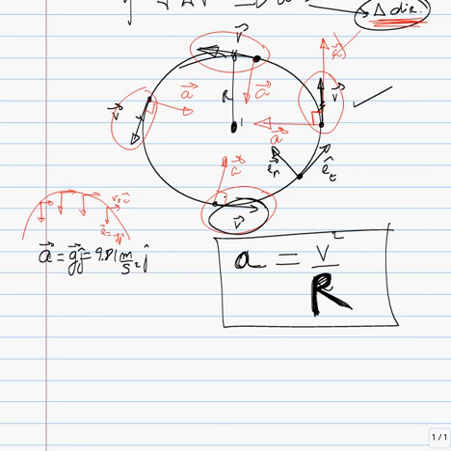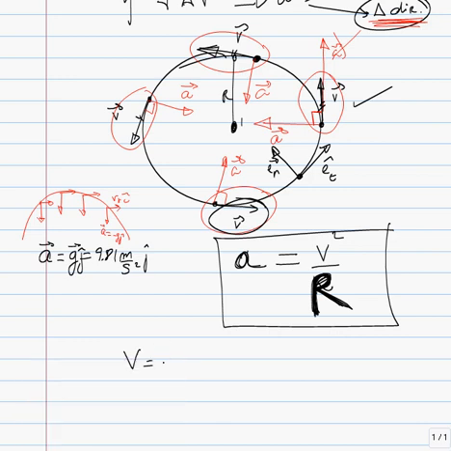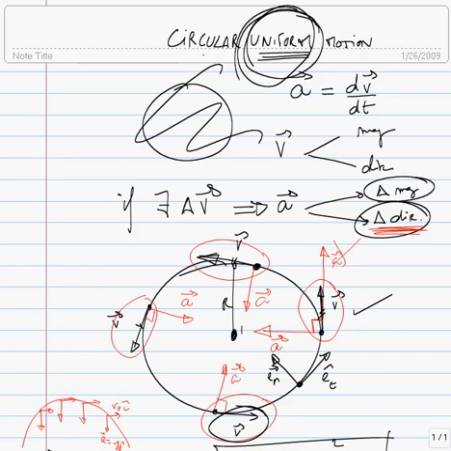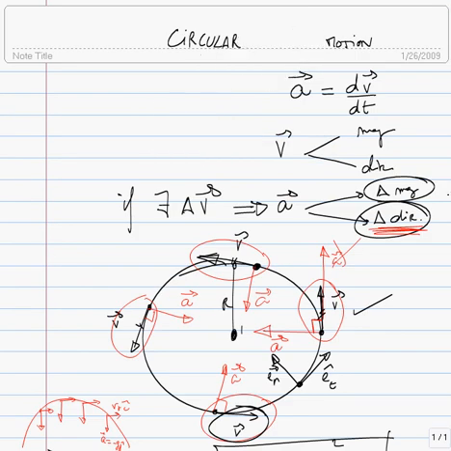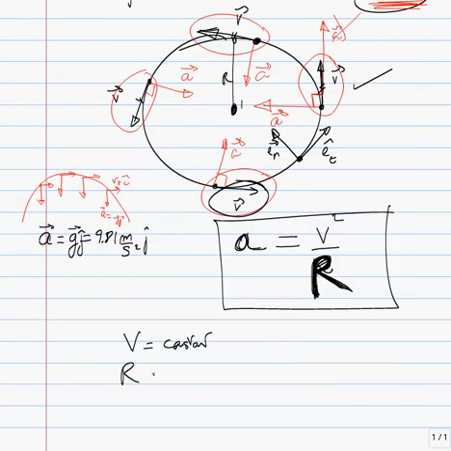So, that is nice. What does that tell us? It tells us that if v is a constant, which we knew because we called it uniform motion, and if r is constant, then a is constant. Similarly, as you decide to turn with a bigger speed, you're going to increase the velocity.